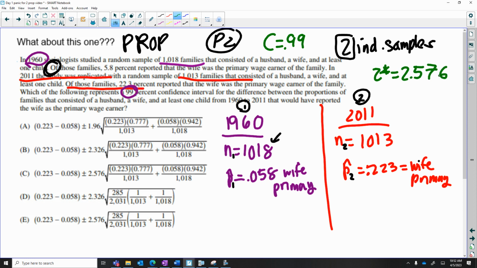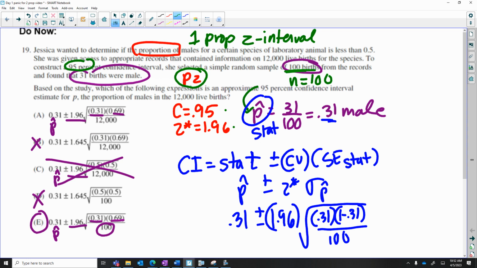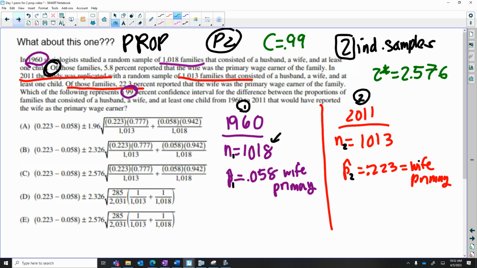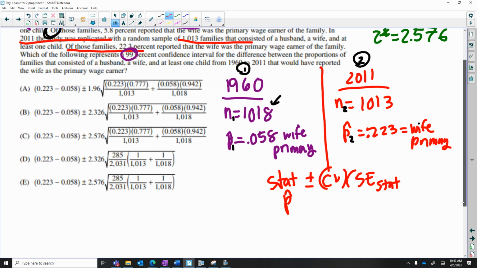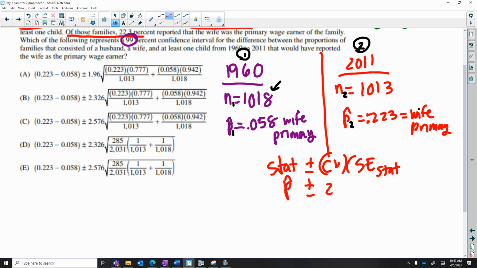If you remember from the little framework I just went over on the last question, the formula is statistic plus or minus critical value times standard error of the statistic. So the statistic, instead of being one p hat, is going to be two p hats. It used to be 1 p hat plus or minus z star times the standard error of the 1 p hat.